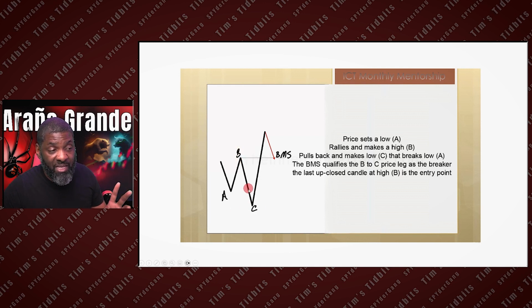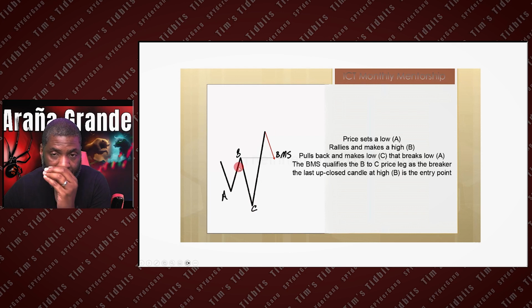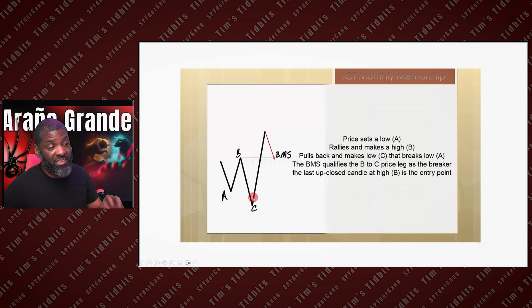So when price is coming down and making this new low of C, if you're going into a higher time frame low just after taking this short-term low, that creates the strongest breakers when you take two stages of liquidity prior to the move.